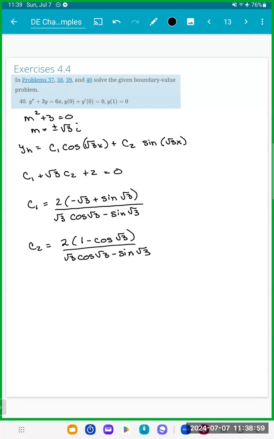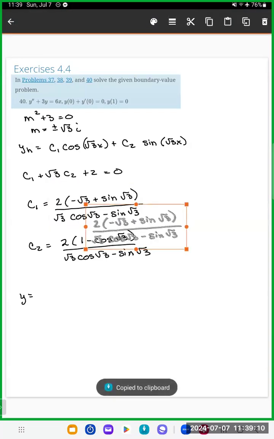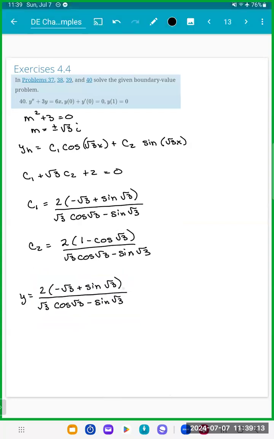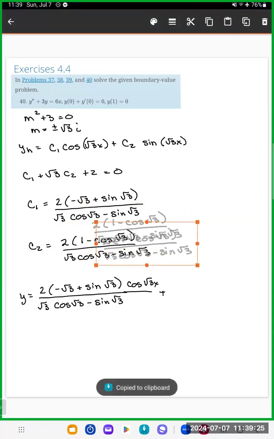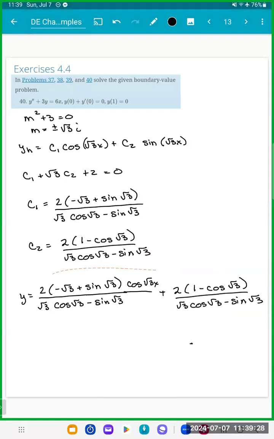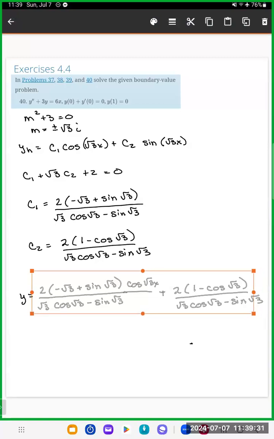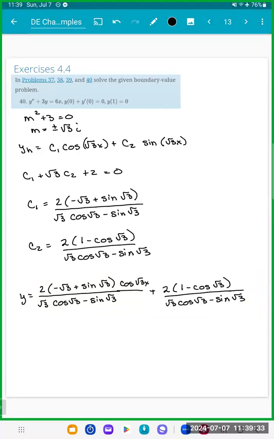Okay. And so when we put all of this together, we get that our y equation is going to be all of this, plus we're going to add on out here our cosine square root of 3x plus all of this, and we need to also add on here our sine square root of 3x.